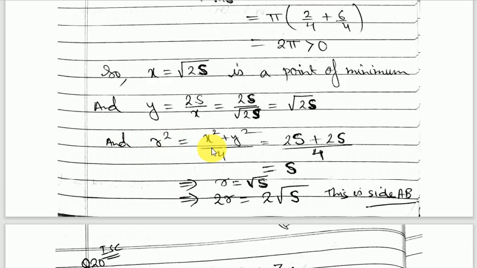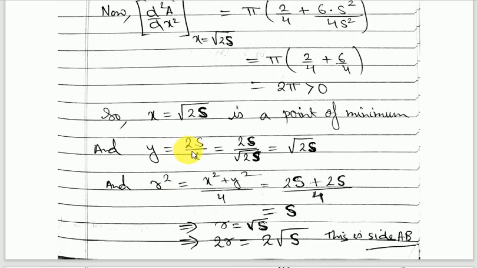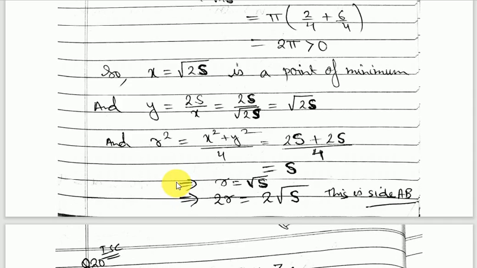Next we have to find the hypotenuse also. The hypotenuse is 2r, or you can use the Pythagoras theorem, where 2r whole square will be x square plus y square. But anyway, here we can use this also.